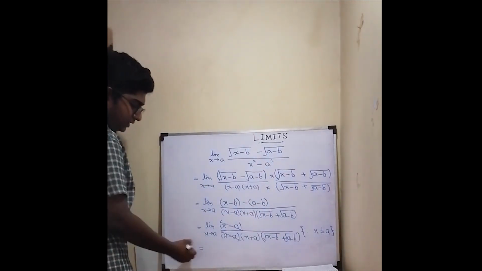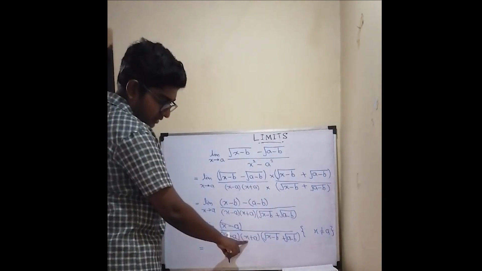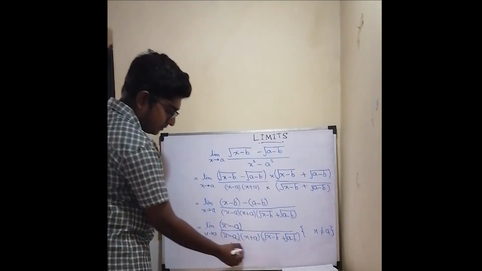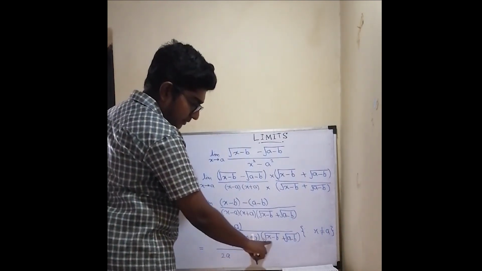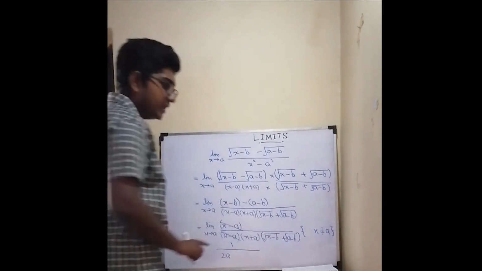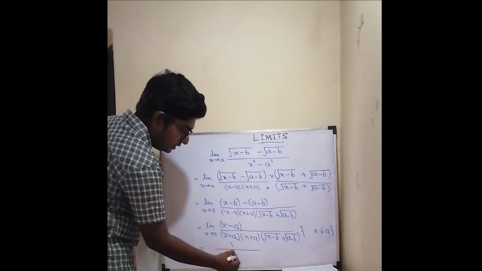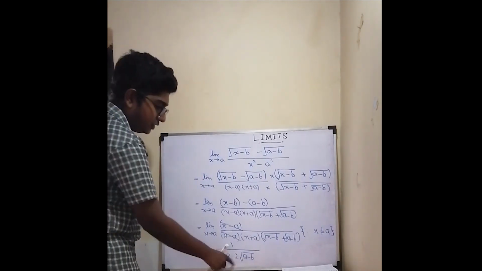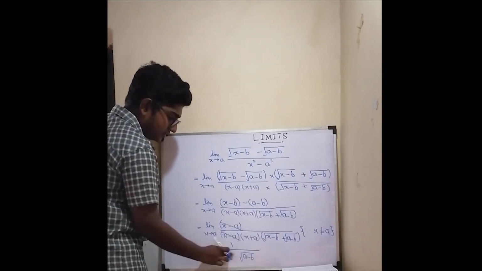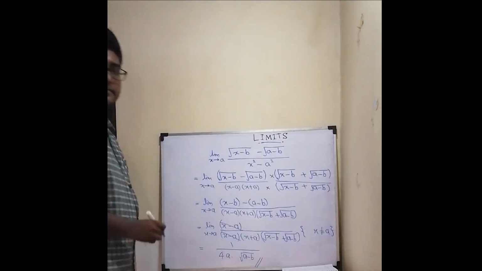Now I can substitute a instead of x. a plus a, 2a. Here a minus b. Here also a minus b. Square root a minus b plus square root a minus b, 2 square root a minus b. 2 into 2, this becomes 4. This is the answer.